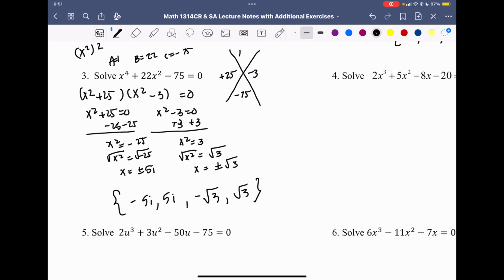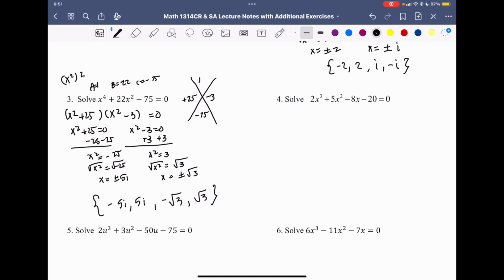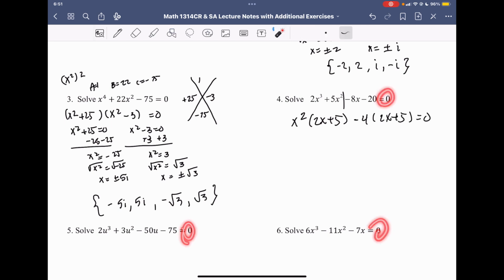And then we can do number 4. That's just factor by grouping. So then it's going to be x squared, 2x plus 5, and then minus 4, 2x plus 5 equals 0. You always want to make sure on all of these, they've been pretty good, that you always have equal to 0.